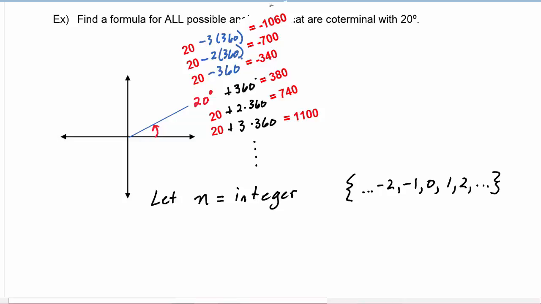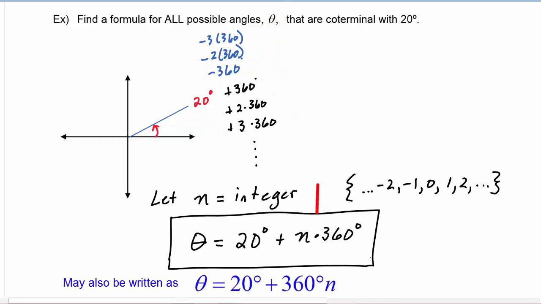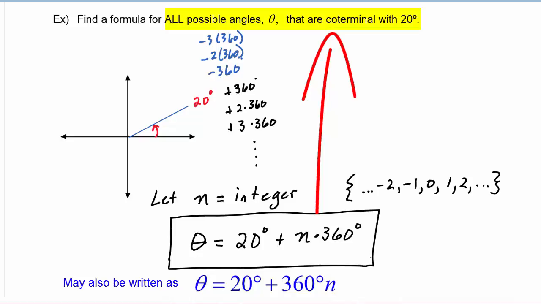Then our infinitely many number of possible angles, theta, is going to equal that 20 degrees where we started off, plus any number of full rotations. So plus n times 360 degrees. And so this formula will generate all the possible angles that would be coterminal with 20 degrees.